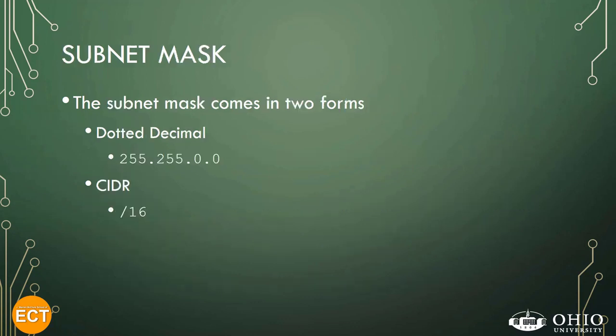The subnet mask can have two different forms that represent the same information. For example, Ohio University's subnet mask is 255.255.0.0 in a dotted decimal format, and in a CIDR format, it's represented by an IP address followed by /16.